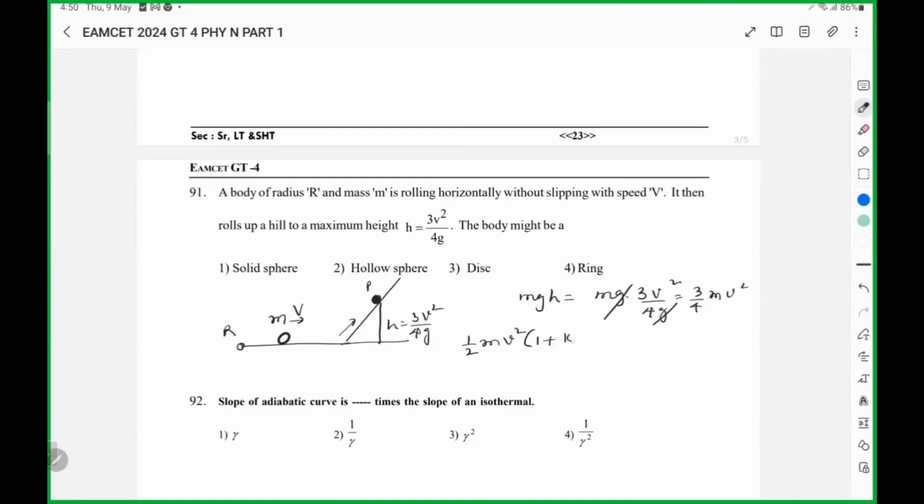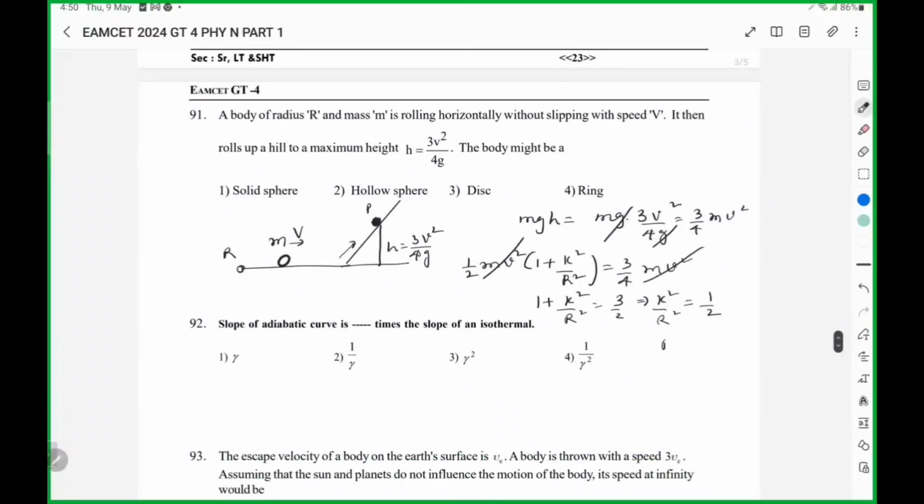Total energy is this, which is equal to 3/4 m v square. So 1 plus k square by r square is 3 by 2. K square by r square is half. That is possible for a disk, with moment of inertia about the axis, so k square by r square will be half.